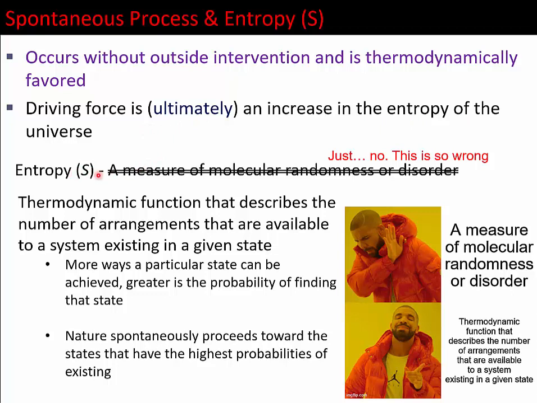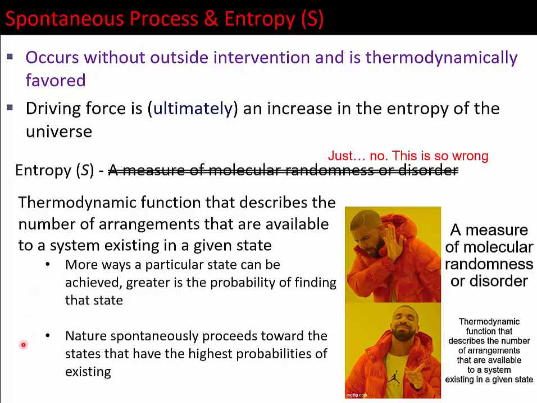And it says entropy is measurable, and no, it is just wrong. Entropy is really a thermodynamic function that describes the number of arrangements that are available to a system existing at a given state. The more ways a particular state can be achieved, the greater the probability of finding that state.